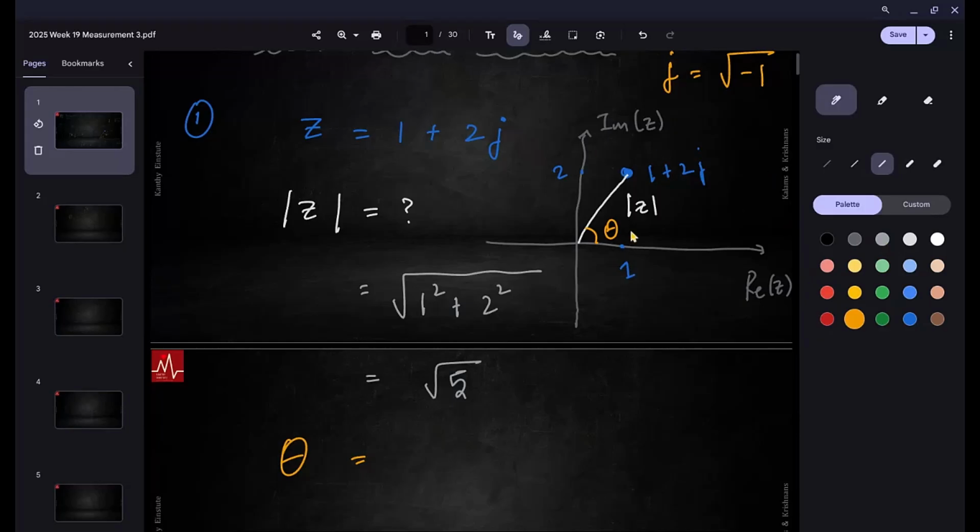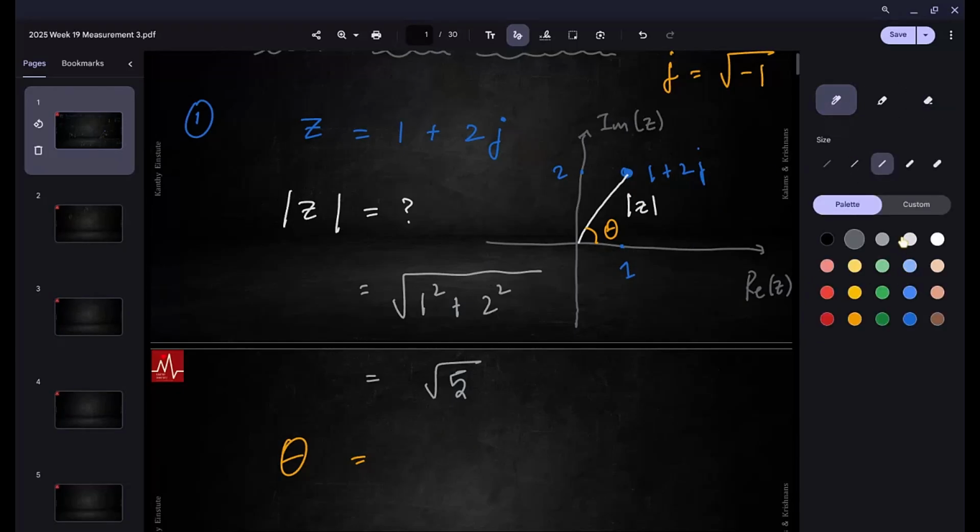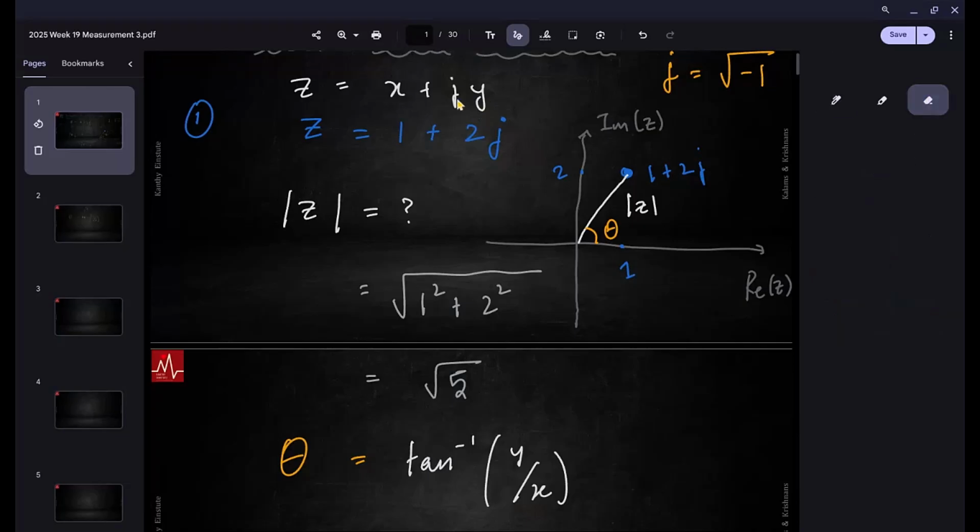Okay, notice. So you know this is going to be a right triangle. From the right triangle you can easily get this theta, that is also fairly easy. Notice inverse tan of the imaginary component y by x. We typically write z as x plus j times y. Okay, yj or jy, either is fine.